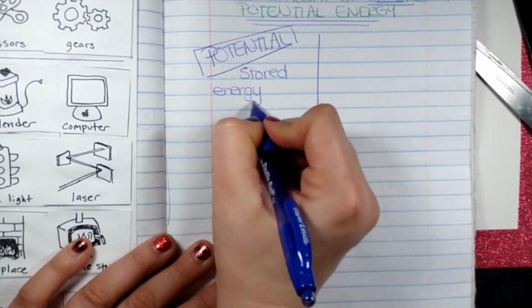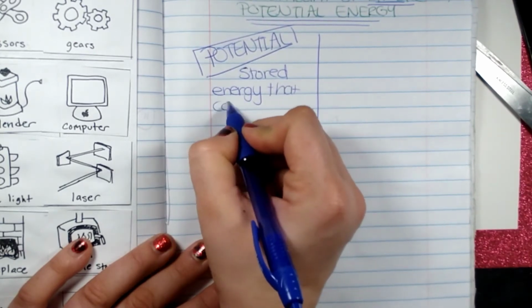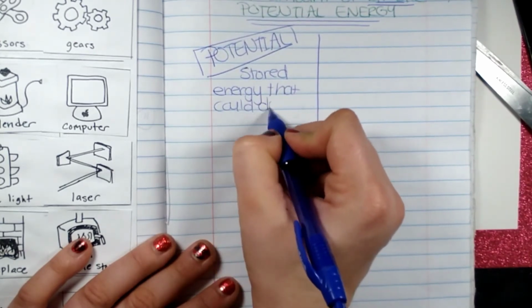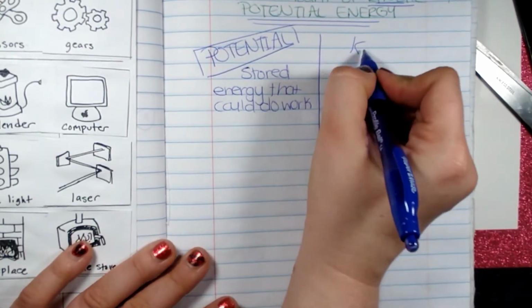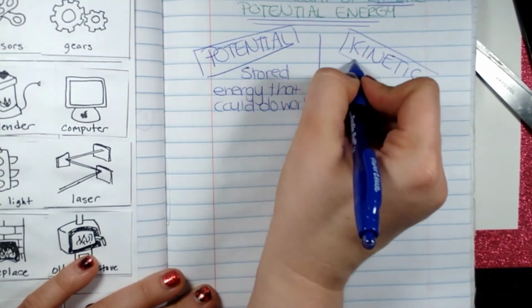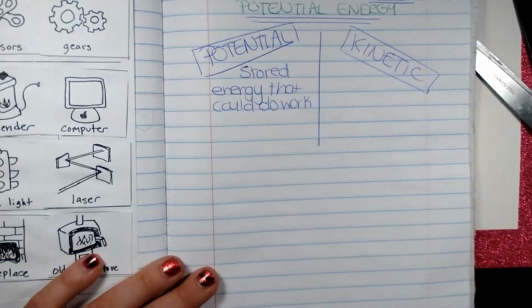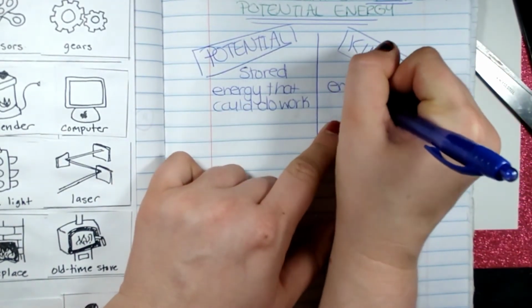It could have the potential to do work. Okay, and then kinetic is the energy of movement. So potential is kind of like energy building up and getting ready to go, and then the kinetic energy is when it actually goes.